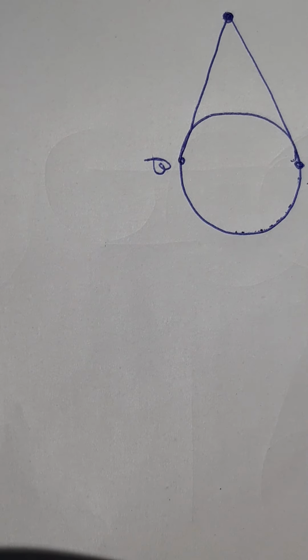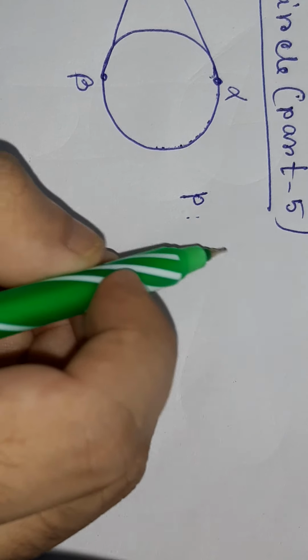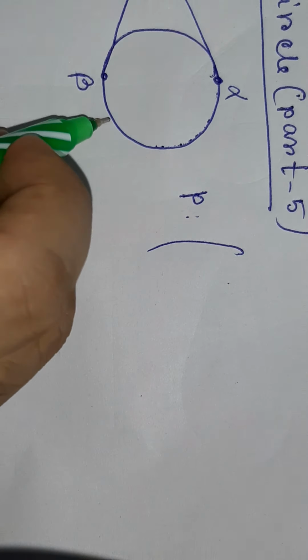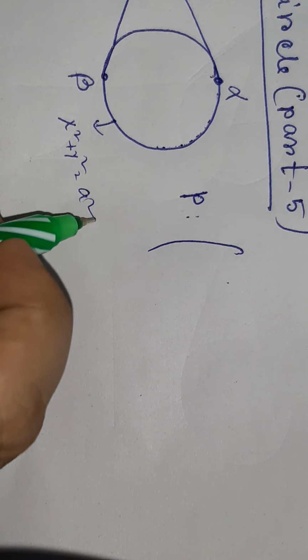Consider the equation of the circle to be x square plus y square is equal to a square.